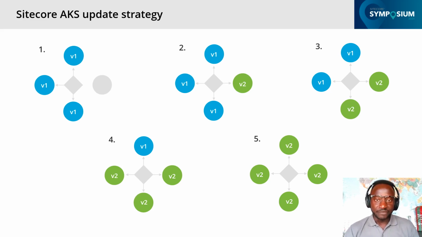As you can see here, from step 1 through to step 5, the pods are updated in a gradual manner while keeping the old versions online to avoid any downtime. This concludes a look at the Sitecore AKS zero downtime deployments. I hope you found this useful to you.